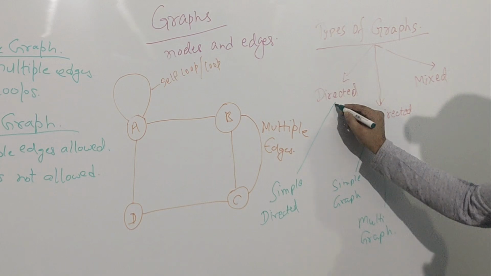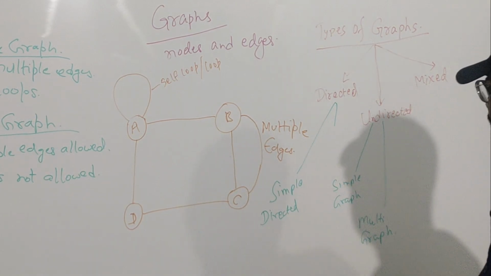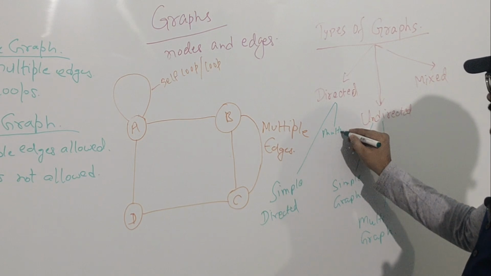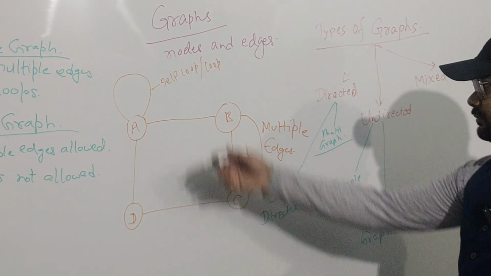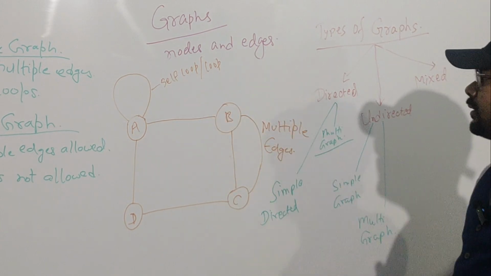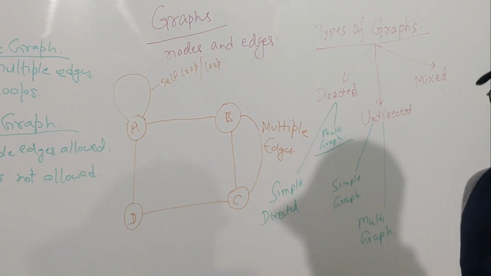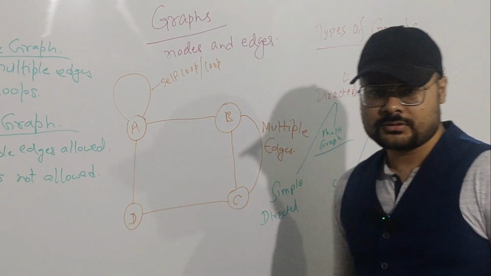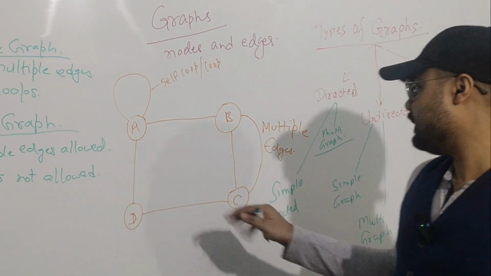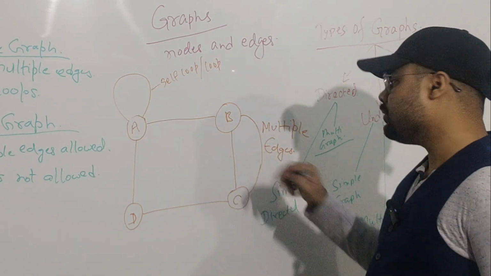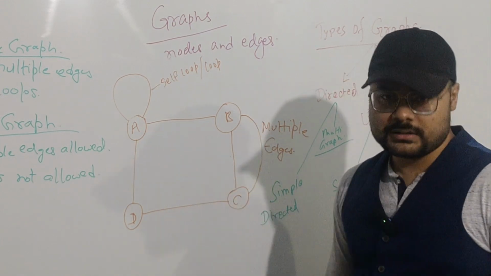In a directed multigraph, both are allowed actually. Self loops are allowed, multiple edges are allowed. So any directed graph is a multigraph by definition. It is not the case that if you do not have self loops and do not have any multiple edges, then it cannot be termed a multigraph.